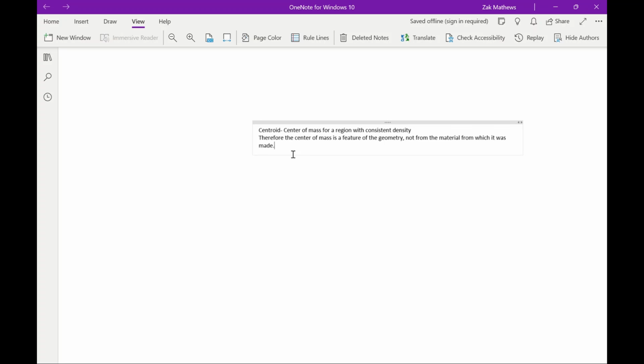So it could be a completely flat plane that maybe part of it's made out of tin, which is relatively light material, and then part of it's made out of lead, which is a much, much heavier material. And so in these cases, we would have to incorporate that density. That density would have to be part of our equation when we're setting up that Mx over M, My over M. The densities aren't going to cancel. We'd have to figure out what the densities would do inside of our integrals.